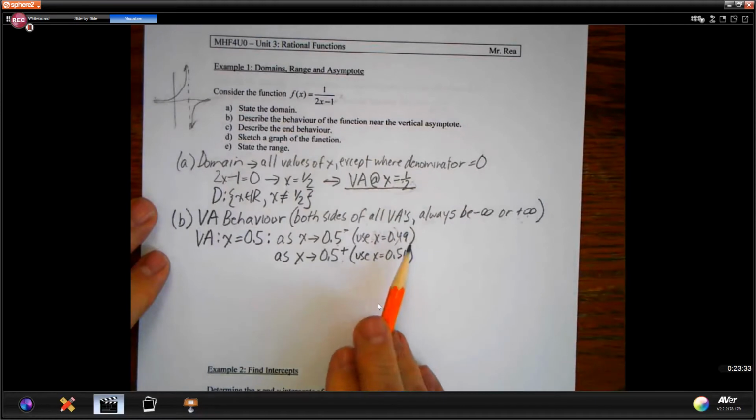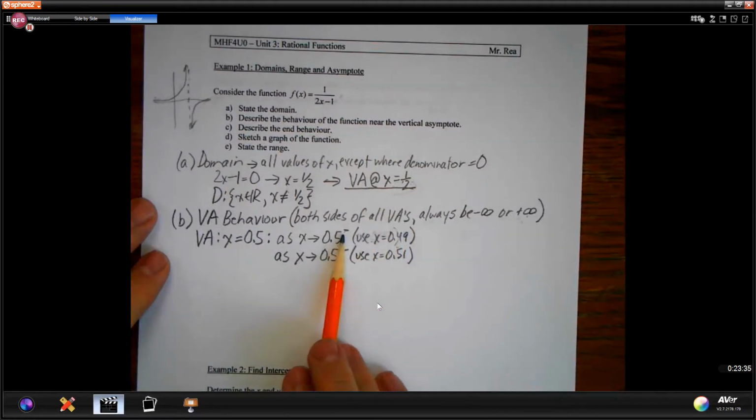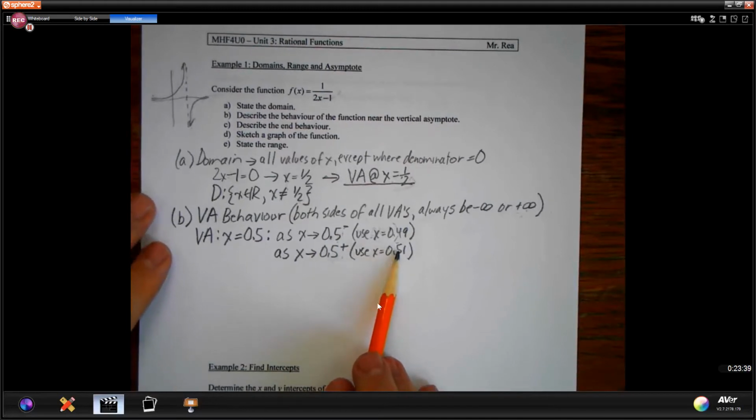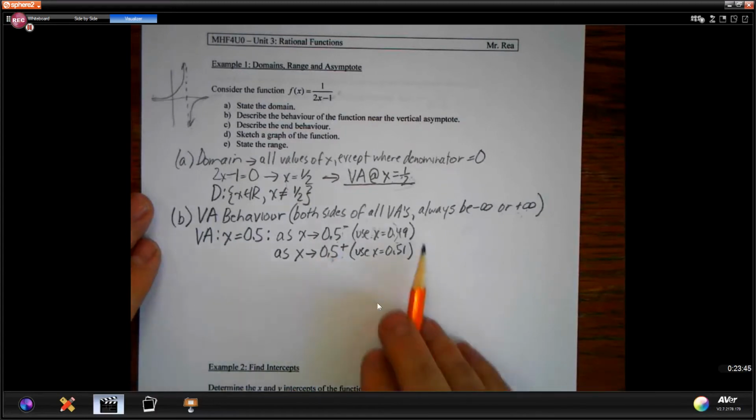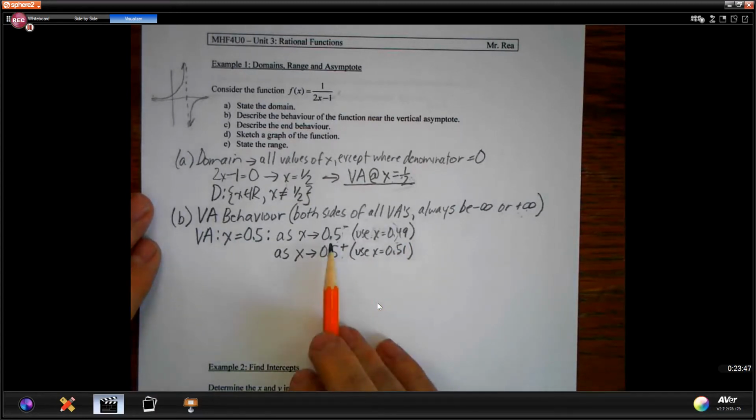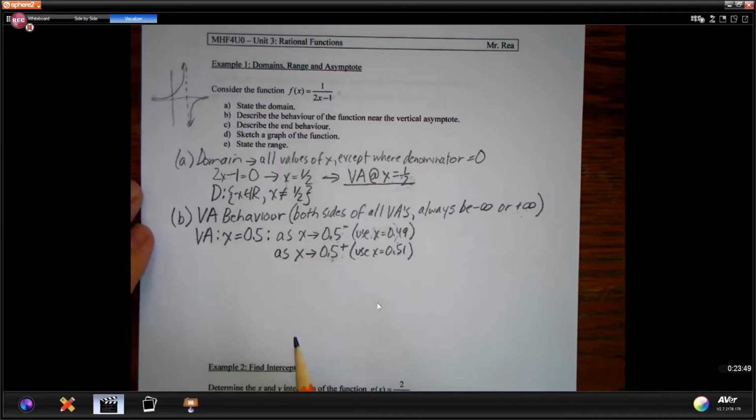So you can see this is an x value that's to the left or the negative side of this vertical asymptote, and the 0.51 is slightly higher than the vertical asymptote, so it's on the right side or the positive side. Okay. If I try to plug in 0.5, I'm going to get something undefined.